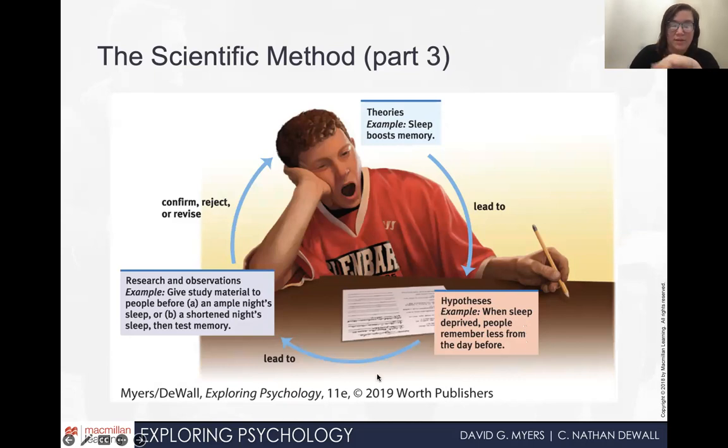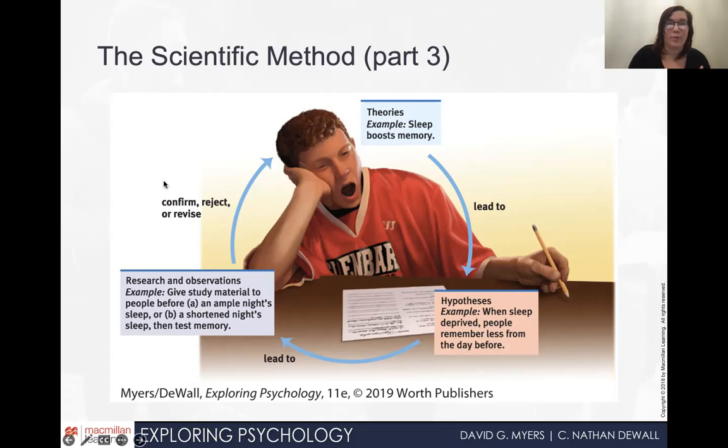Okay, and this hypothesis leads to research and observations: give study material to people before A, an ample night's sleep, and B, a shortened night's sleep, and then test memory. So we have our two groups, right? Our control group, which is a group of people who slept well, and then our experimental group, which is a group of people who did not sleep as long or as well. And we're testing them using the same materials, and we're seeing if there's a difference.